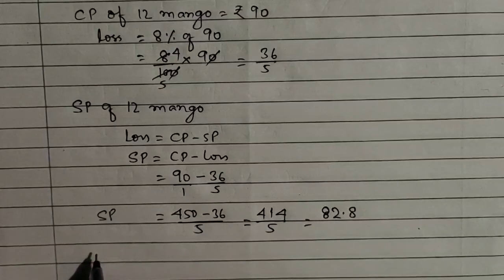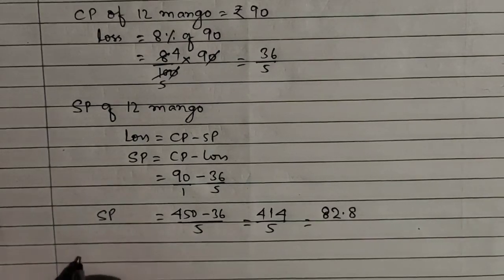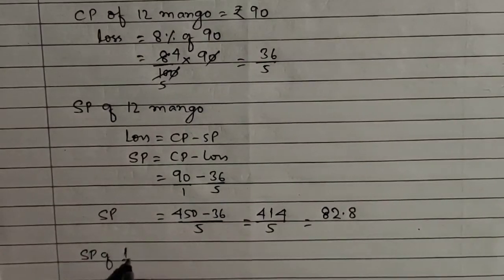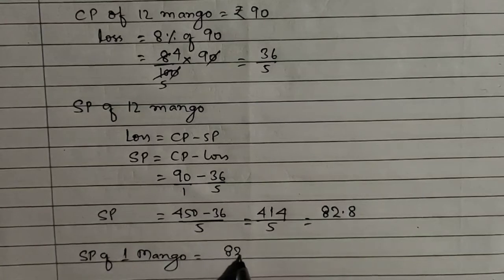The question has asked what the customer will pay. The customer will pay as much as the shopkeeper sells it for. It means cost price for the customer will be the same as the selling price for the shopkeeper. So we will calculate selling price of 1 mango. The selling price of 12 mango is 82.8.